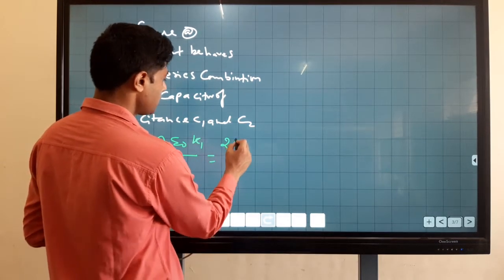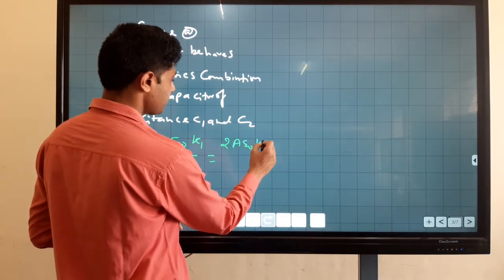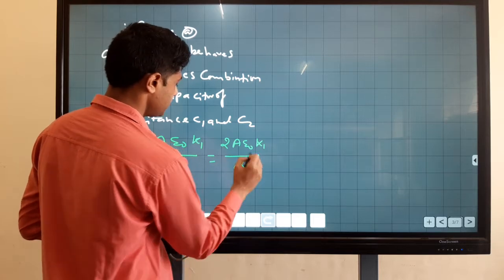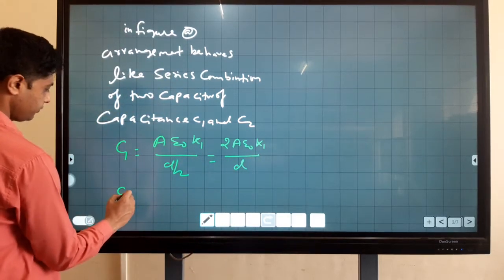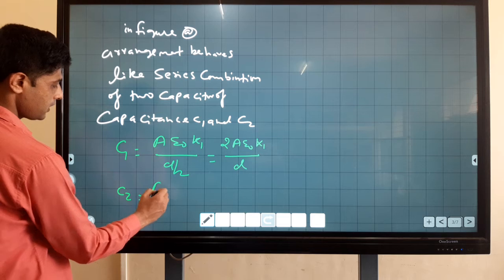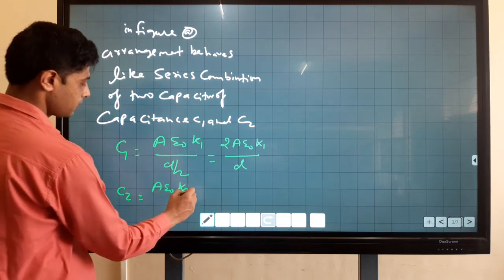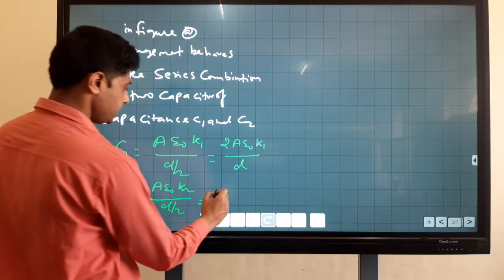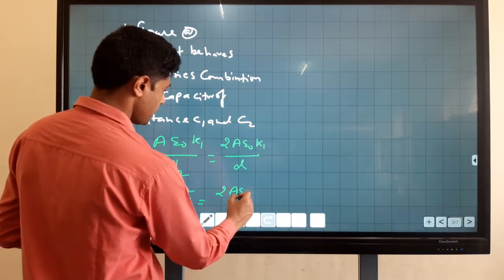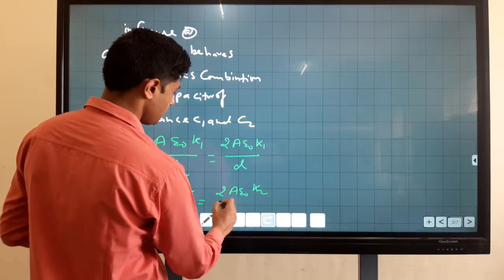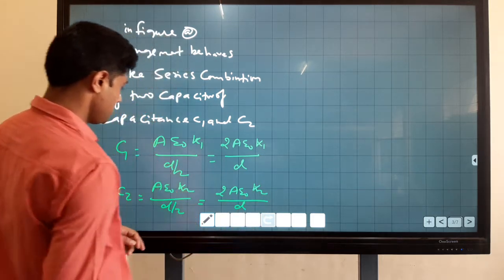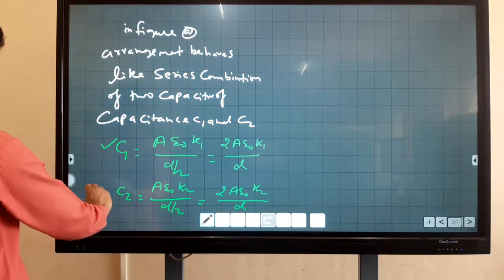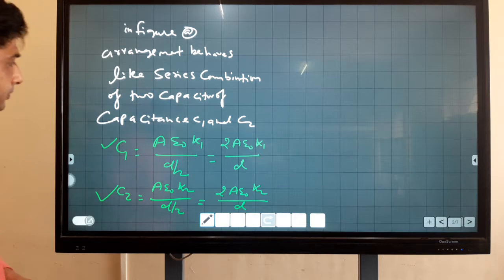So C1 equals 2A epsilon naught K1 upon D, and C2 equals A epsilon naught K2 upon D by 2, that is, 2A epsilon naught K2 upon D.